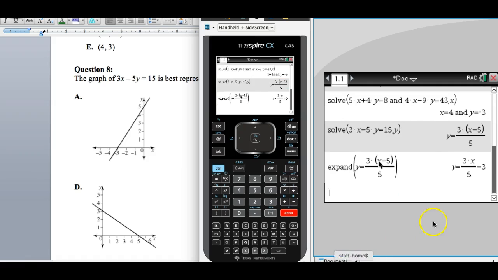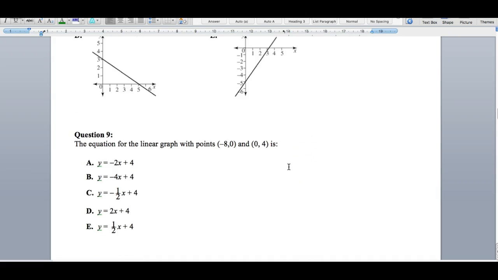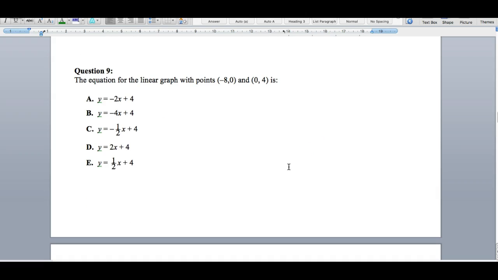Okay, so when I expand that, I can see straight away that the y-intercept is -3 also. The gradient is 3/5, so I can use that information again. 3/5 is a positive gradient, so that means it can't be D, could be the others. But from rearranging it, I can see straight away that my y-intercept was -3.